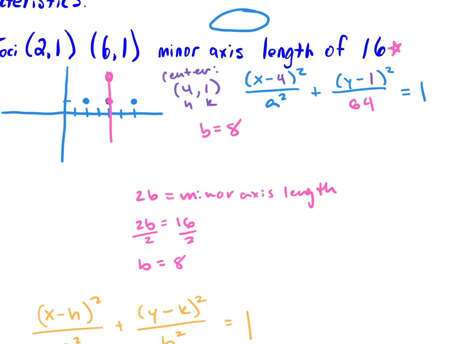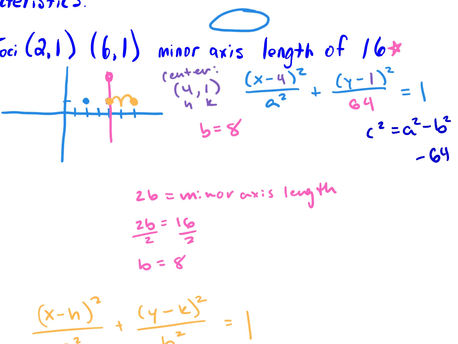All right, so last thing we need to do is find a. How do I find a? You can use c squared equals a squared minus b squared. I have b, which is 8, so that'll be 64. But I don't know c or a. I can find c using the foci. So c is the distance from the center to the foci.